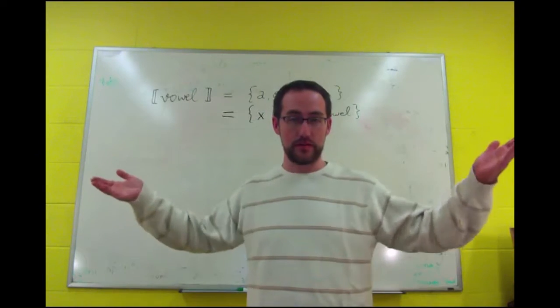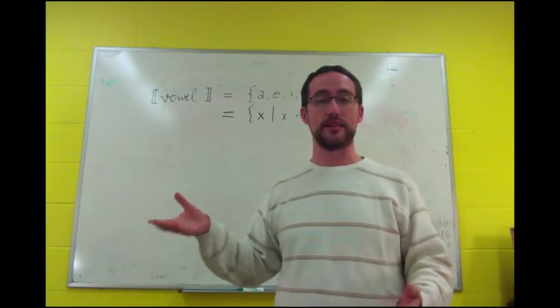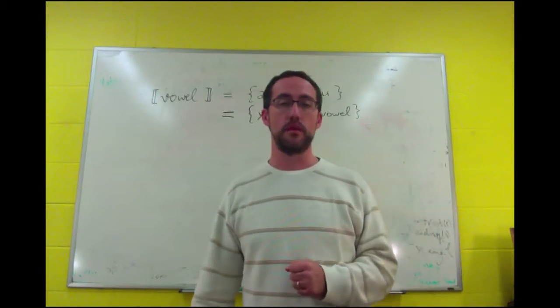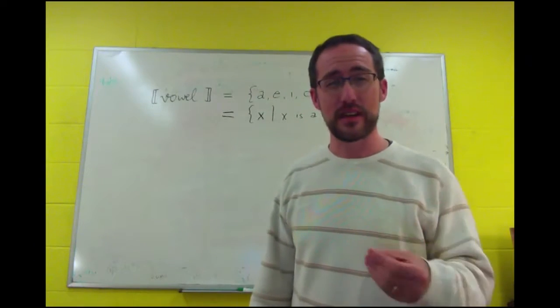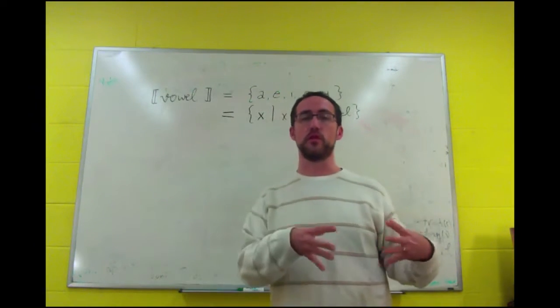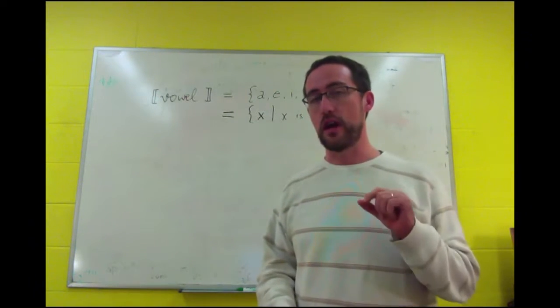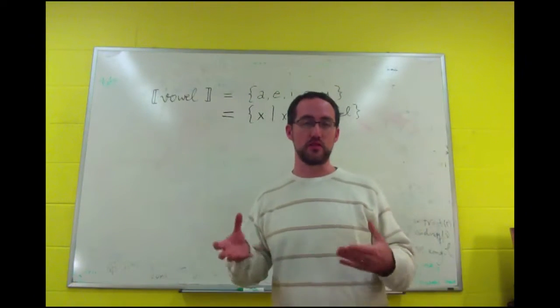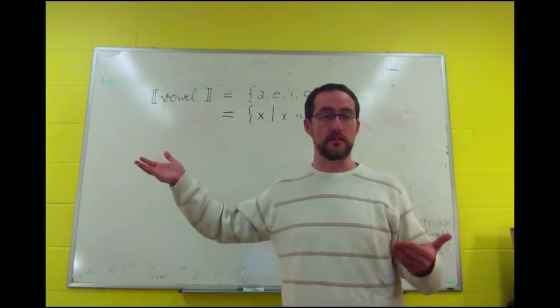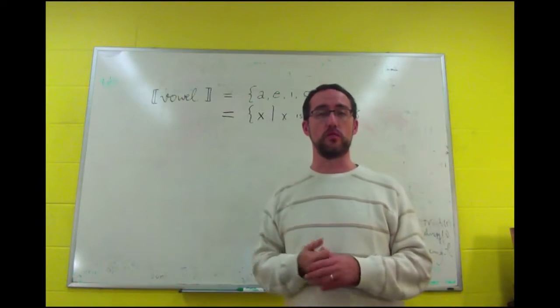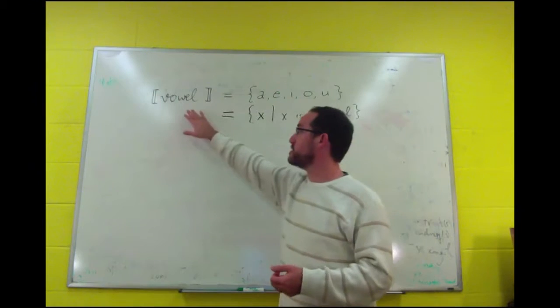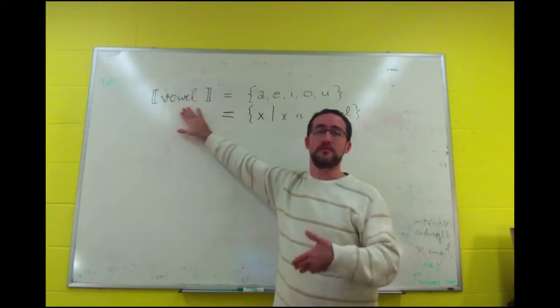A function we've seen takes two sets and maps members of one to members of another. So how does that really connect with what we're doing with sets? We've seen that sets are really useful, especially when they're abstracted, because we can abstract a set to get something corresponding to a property. So take for instance the word vowel.